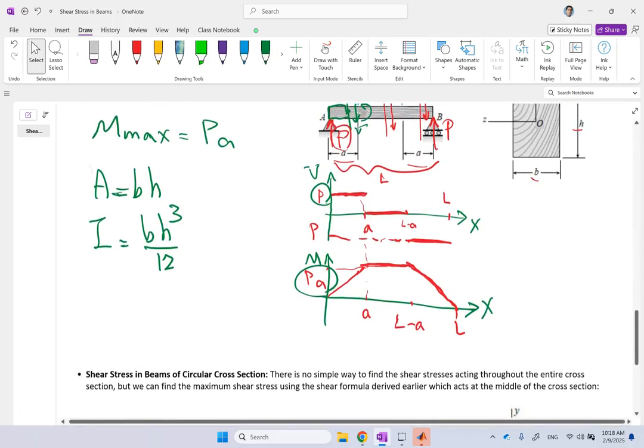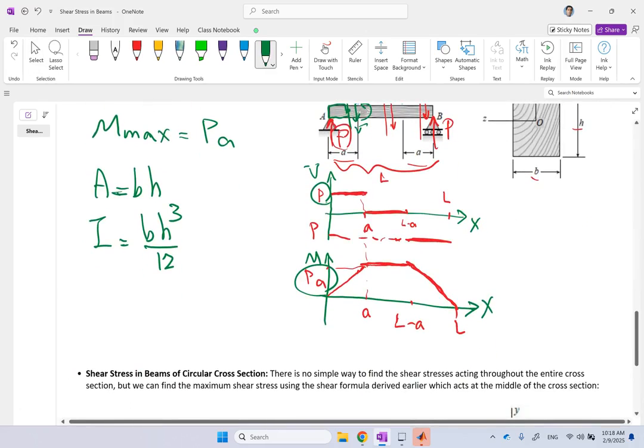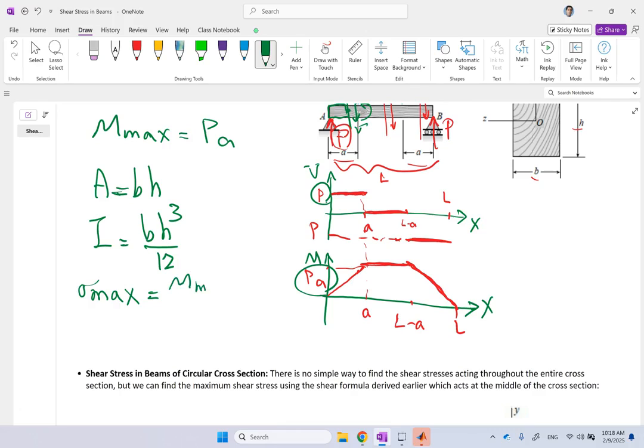If that's the case, we can say that sigma max is M max times Y max over I, where Y max is simply H over 2, M max is PA, I is what you can see here, BH cubed over 12. So it is going to be some function of P because A, H, and B, they're all given.